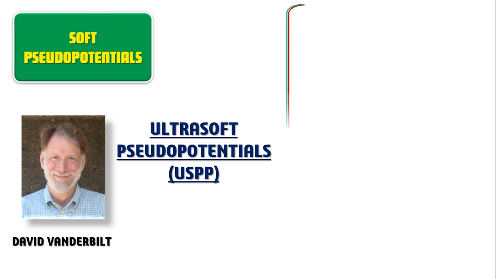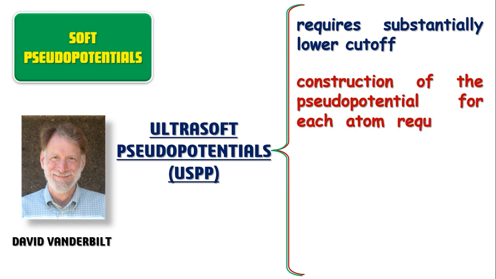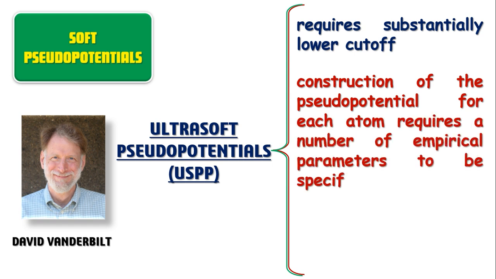As we can guess from their name also, these pseudopotential files require substantially lower cutoff energies than alternative approaches. One disadvantage of using ultrasoft pseudopotentials is that the construction of the pseudopotential for each atom requires a number of empirical parameters to be specified.